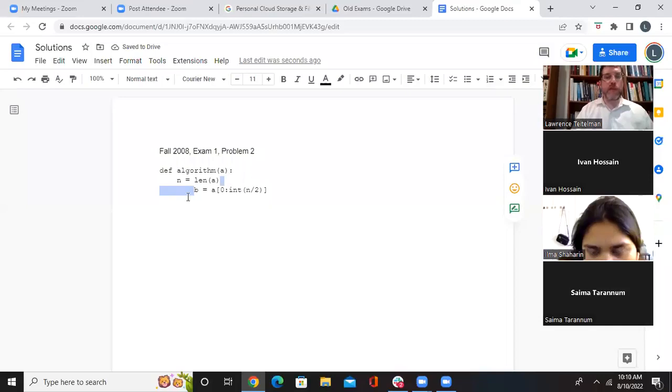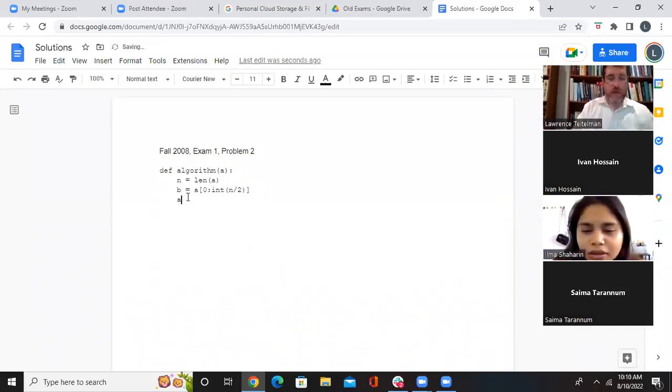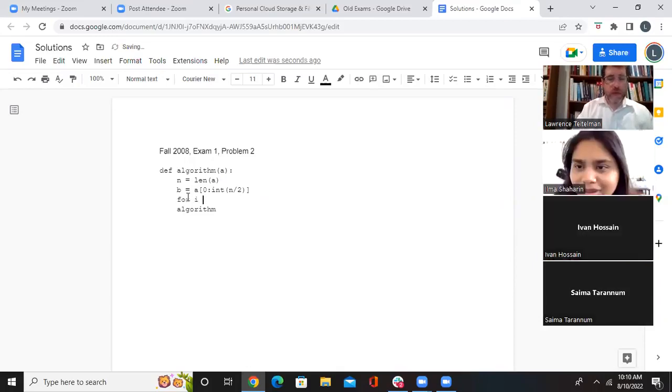And how do we get 8 subproblems? We could do it in a for loop. So we could say for i in range 8, call the algorithm on B.